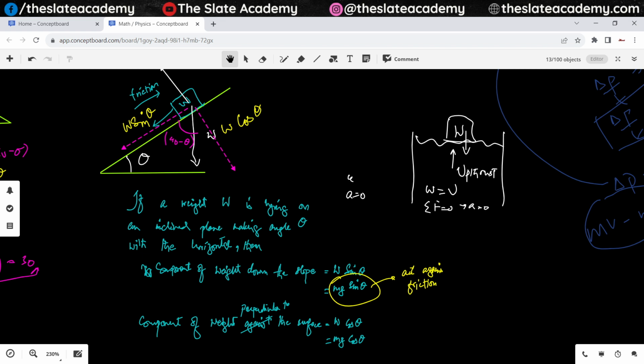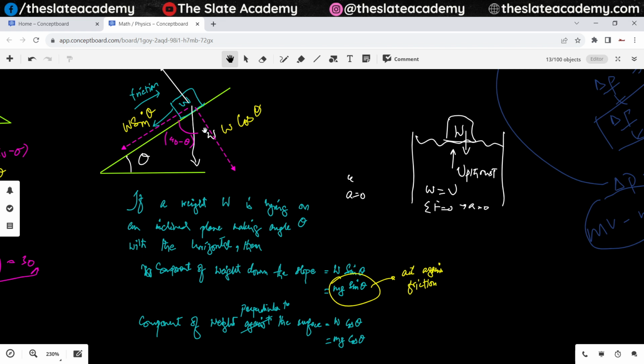Okay sir. Similarly, we know that this object is not accelerating perpendicular to the surface that it is lying on. So this W cos theta and this white line, it is not accelerating upwards or downwards in this direction. So that would mean that the forces along this y-axis, if I consider it, are balanced.